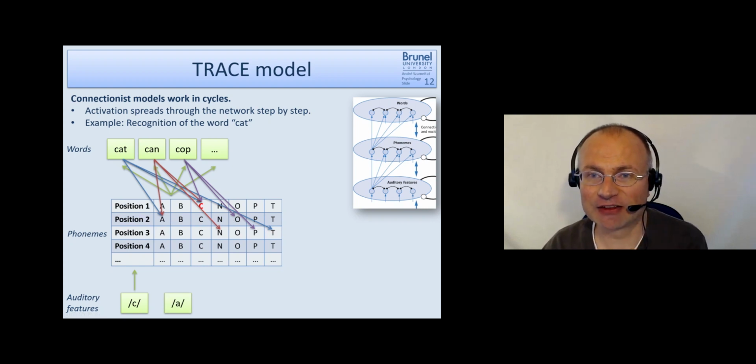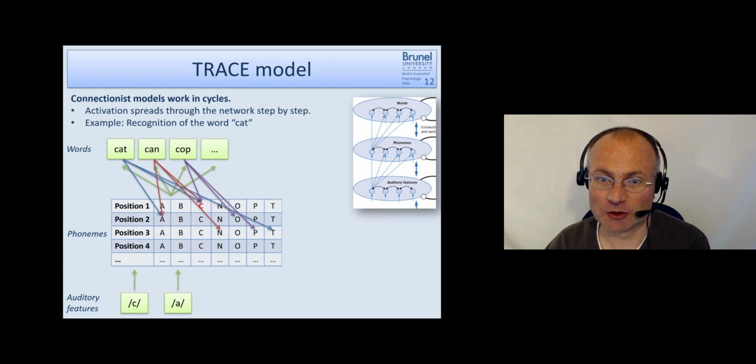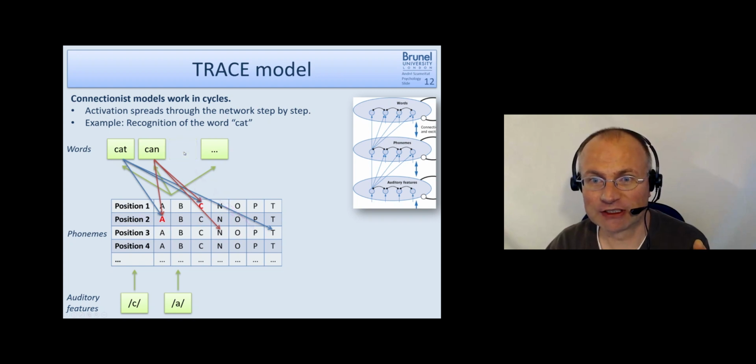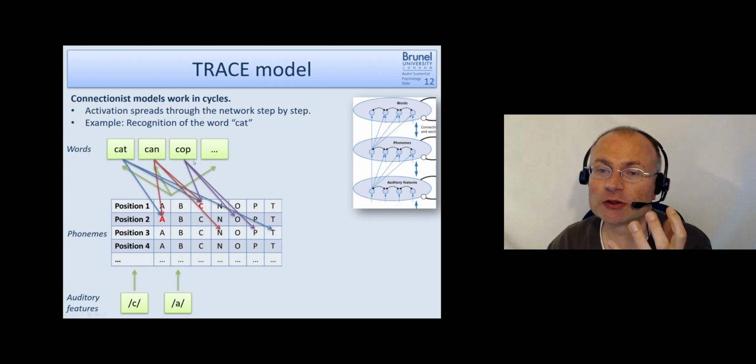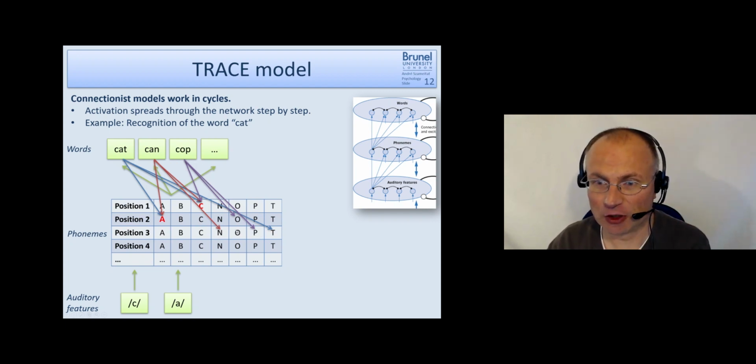Now I hear the A sound of cat. So my analyzer says, okay, the second phoneme is actually the A. And now I can remove cop from my cohort. And when I remove cop, then I also remove the top-down pre-activation of the O and the P on the phoneme level.